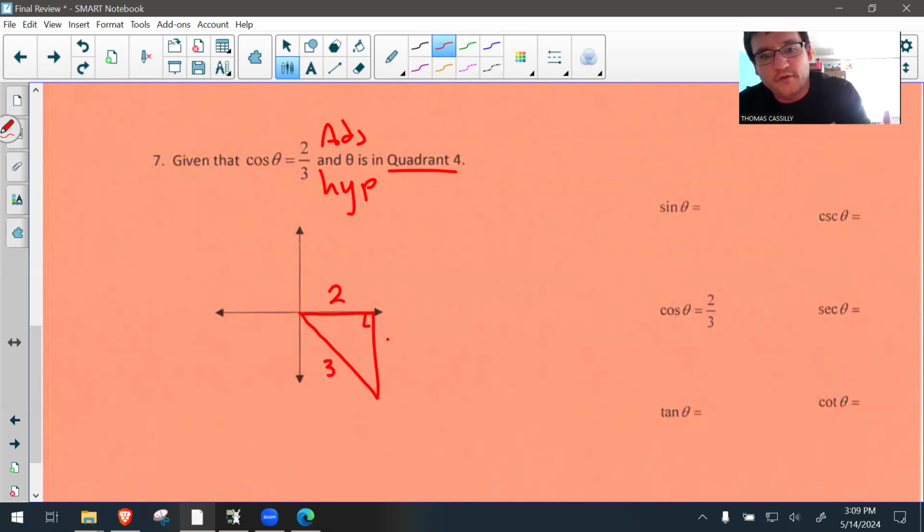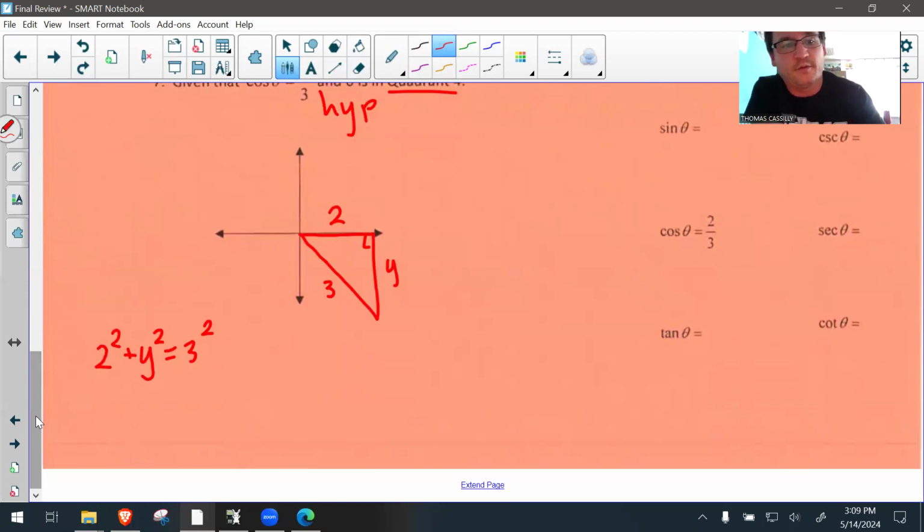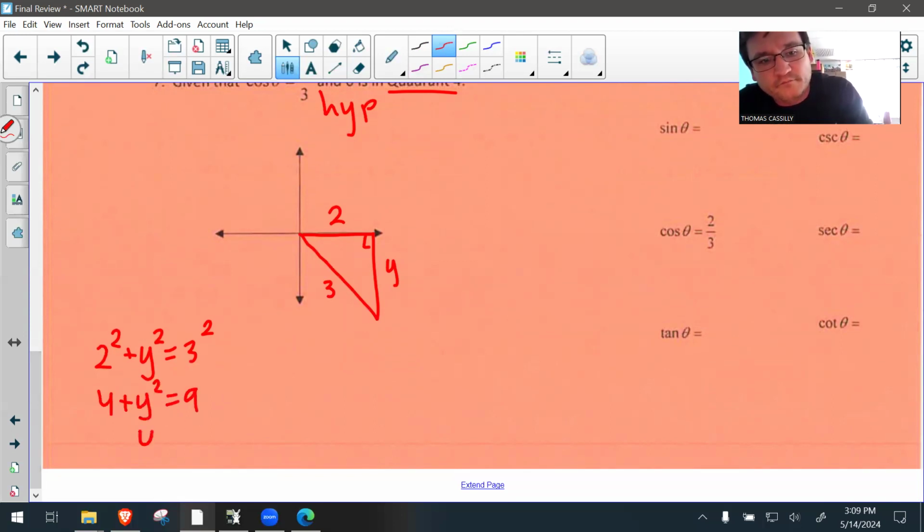We need to figure out this value here. And again, Pythagorean theorem, 2 squared plus y squared equals 3 squared. Notice how on this one, y is not by itself. It's not the hypotenuse. In the Pythagorean theorem, the hypotenuse is always by itself. So we have 4 plus y squared equals 9. Y equals the square root of 5.